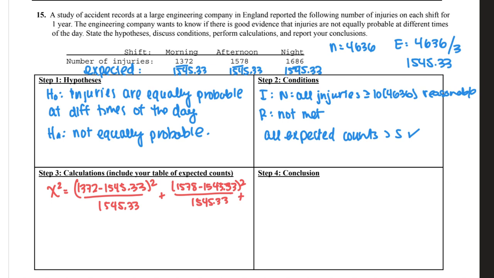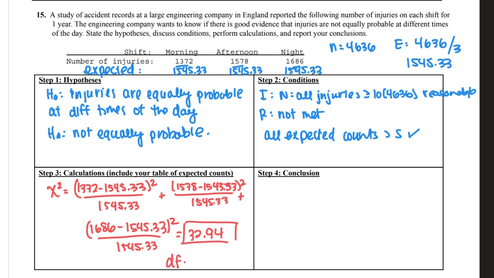And then the last one is 1686 minus 1545.33 squared over expected. When we add those all together, we get 32.94. So that's our test statistic.